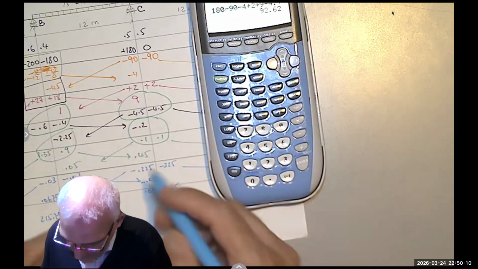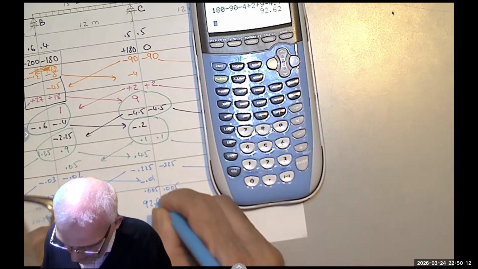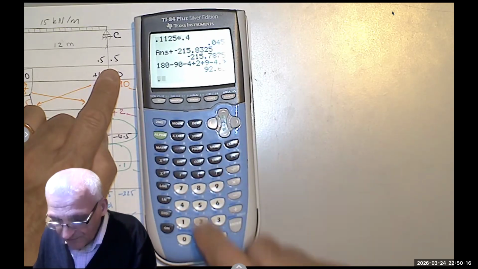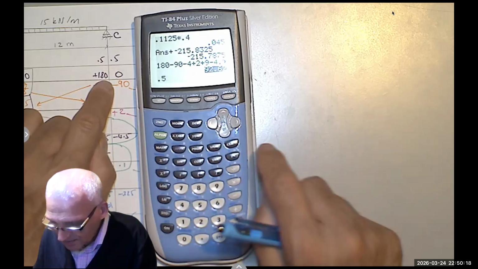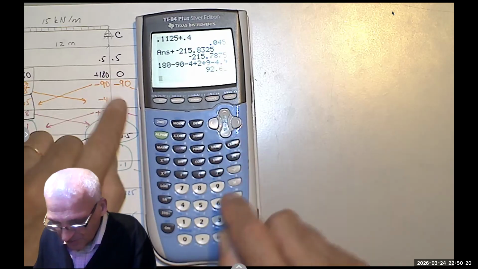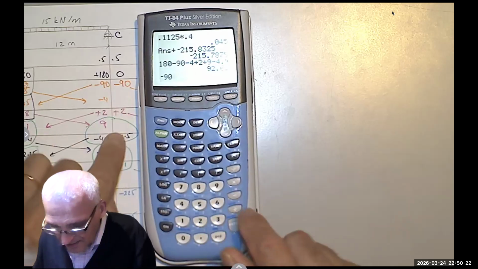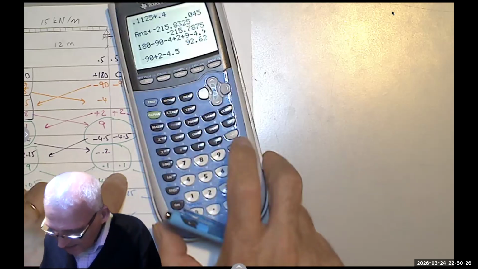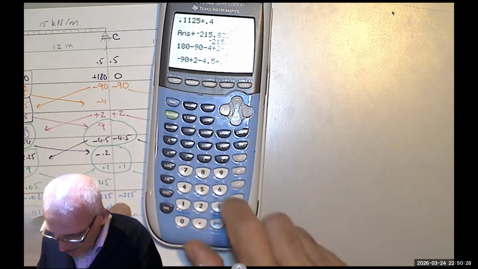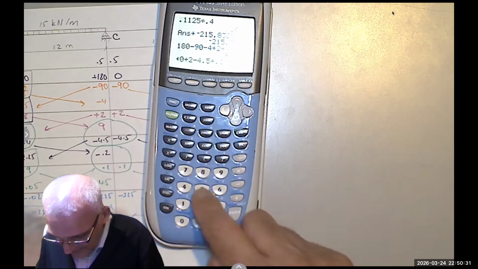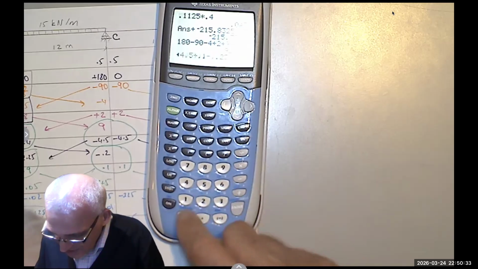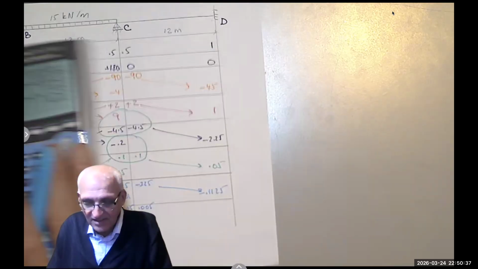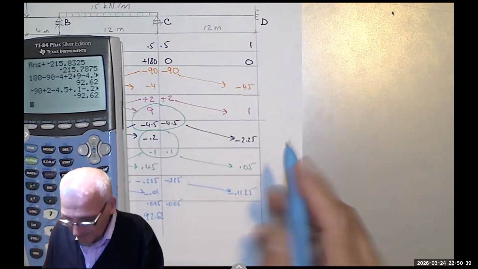I get 92.62. Now let's go here and say 0.5. Oh, I'm sorry. There's no 0.5. It's 0. So negative 90 plus 2 minus 4.5 plus 0.1 minus 0.225 plus 0.005. And I get exactly the same, negative 92.62.